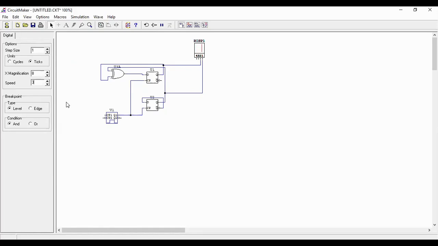That's our counter based on Circuit Maker. So please note that you can use Circuit Maker to do a counter just like that.